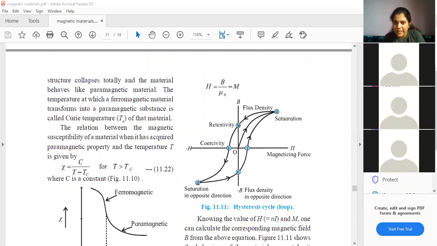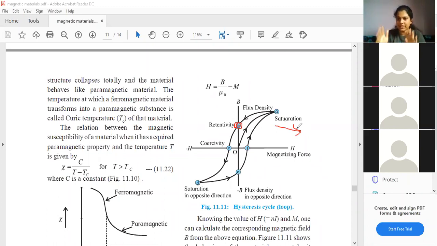Here at point B the current was 0. Now I will provide current in the reverse direction. When we do this, everything will become reverse. First, when we were increasing current, the magnetic field increased and all the magnetic dipole moments aligned in one direction.